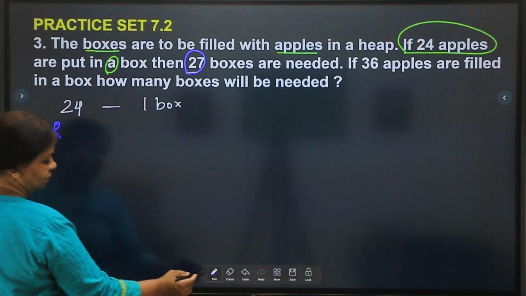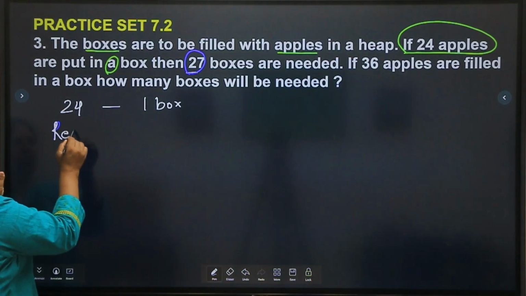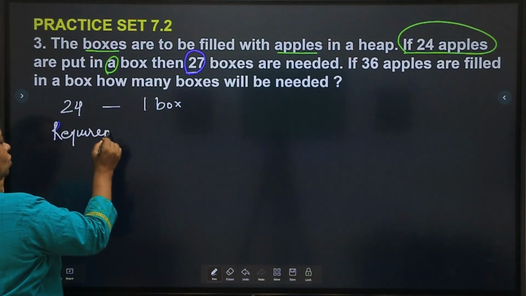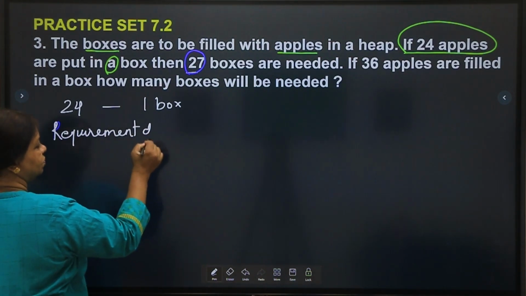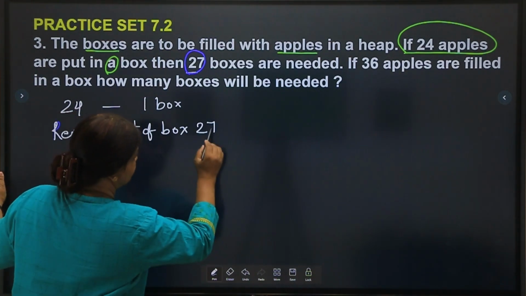Requirement of boxes would be 27. You understood or what, children?